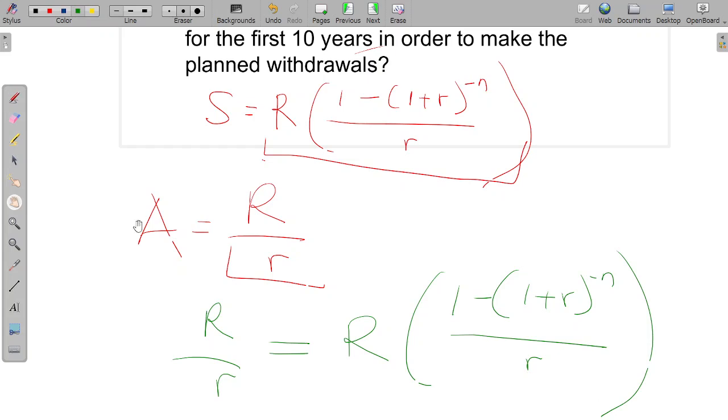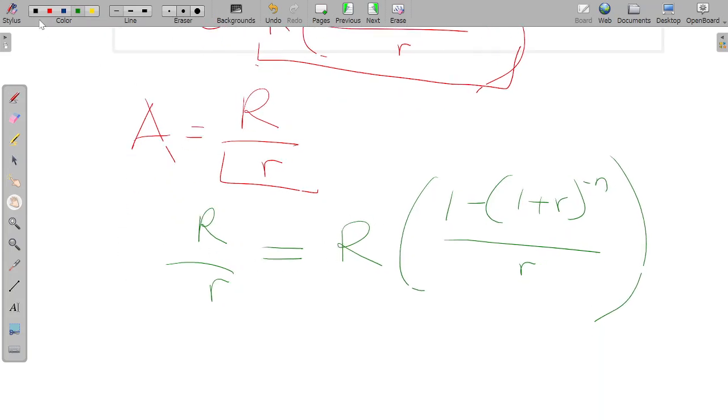But don't forget that this R is our payment from the ordinary annuity.